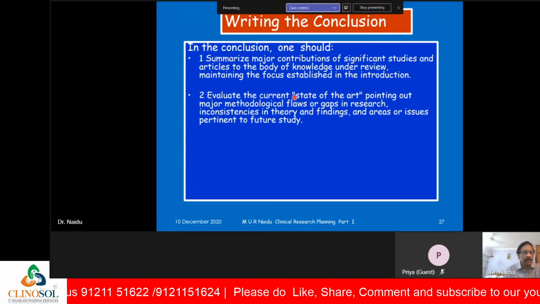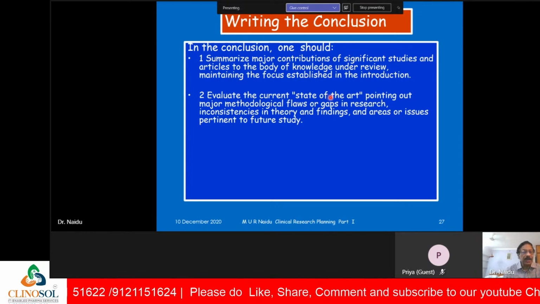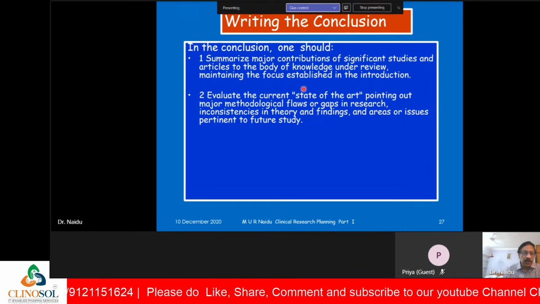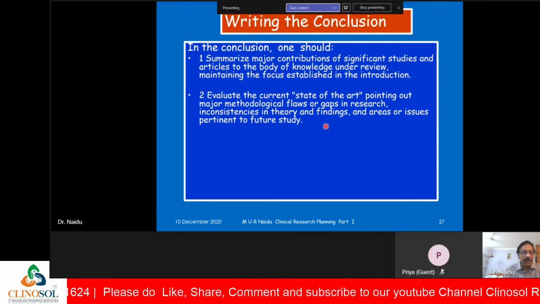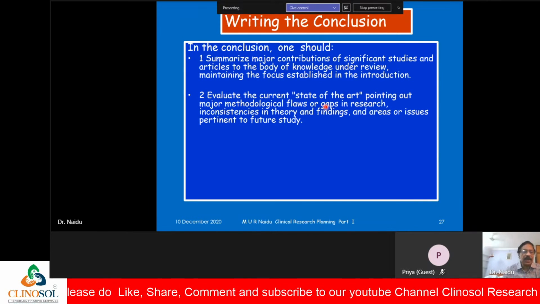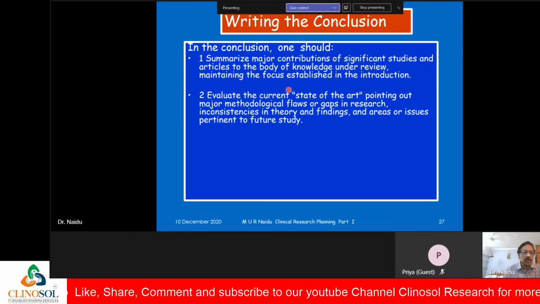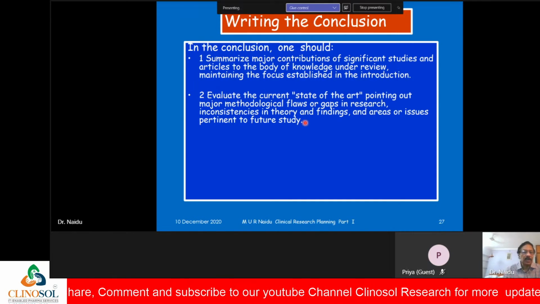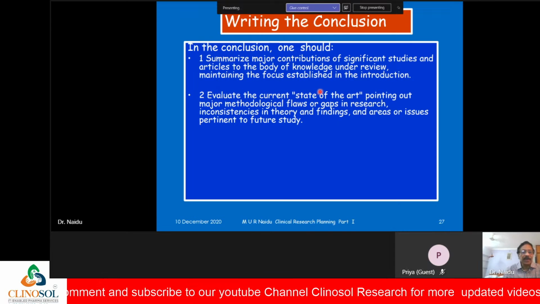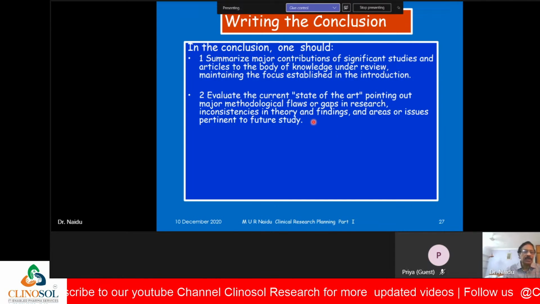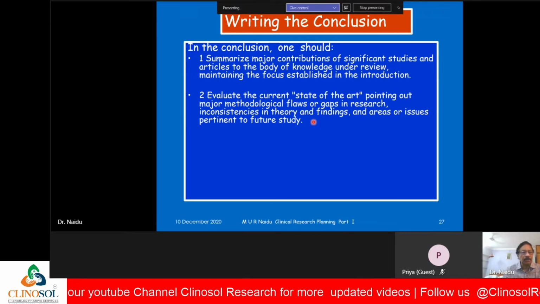This is one. Evaluate the current state of the art. What are people doing today, what type of investigation they are doing, and what the gaps are. You should write very clearly in the conclusion that these are the investigations that have to be done today, because a particular investigation done previously is not useful.